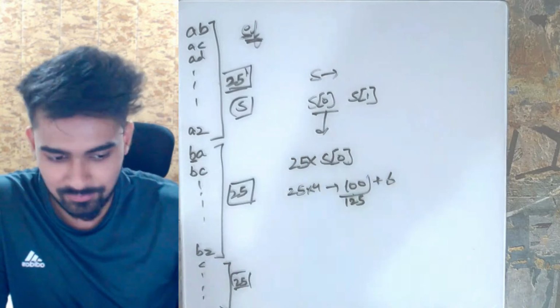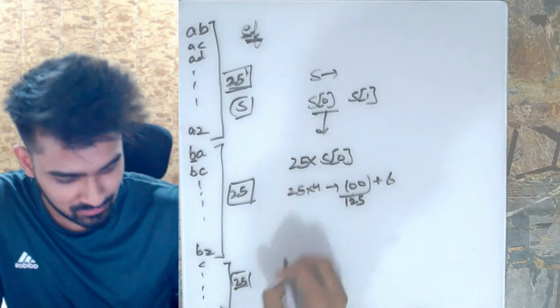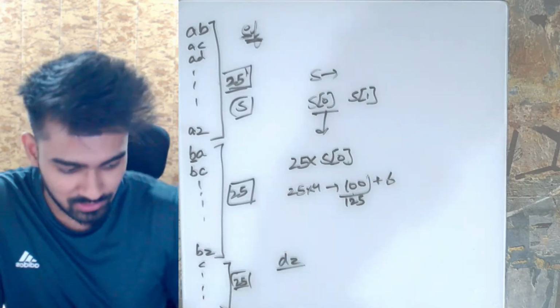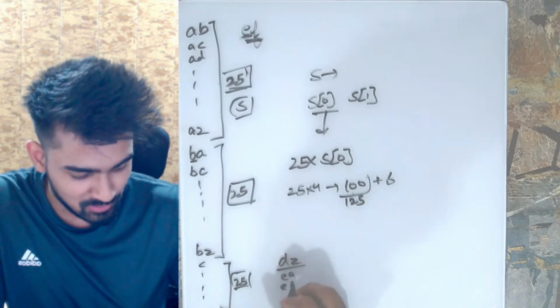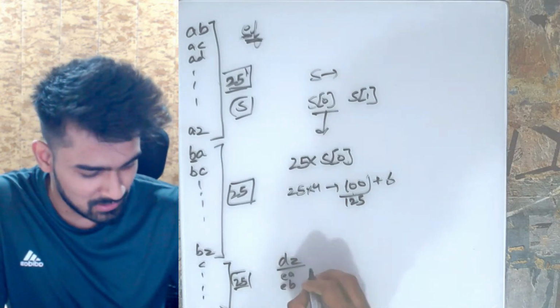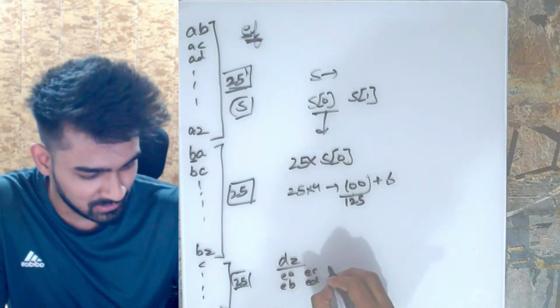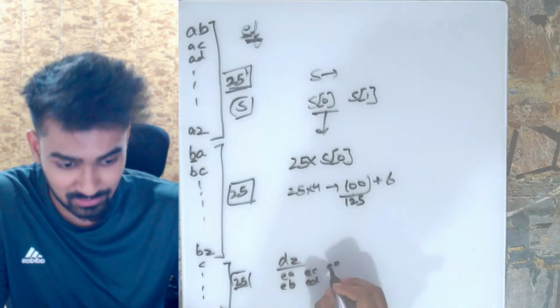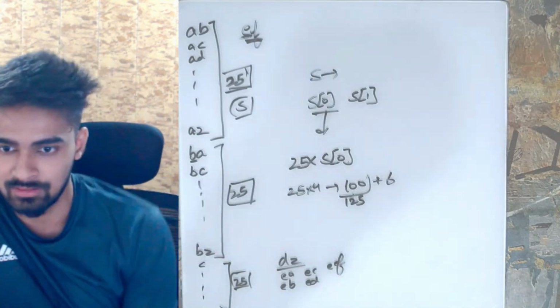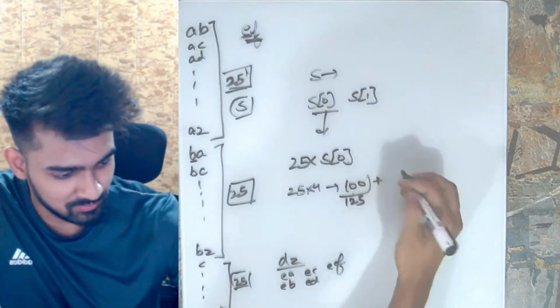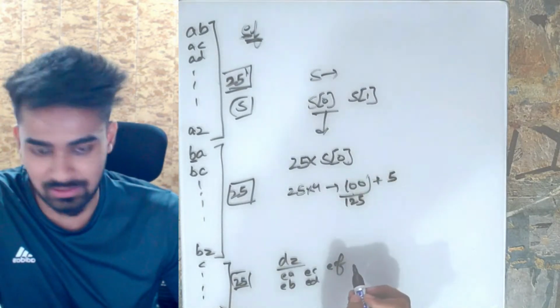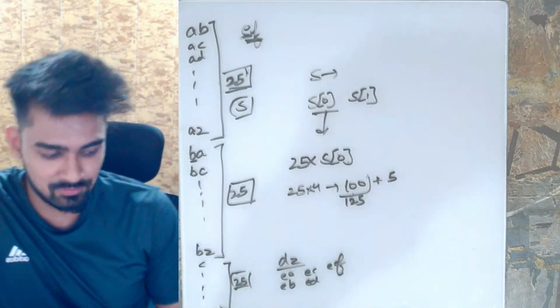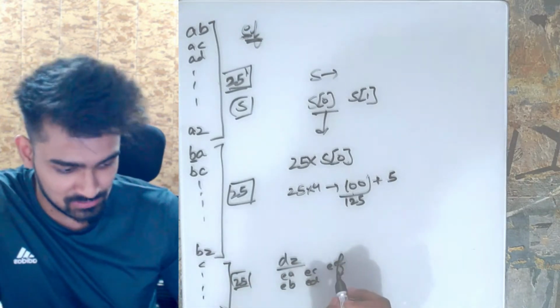Because till 100, we have all the words up to DZ. Then we got EA, then EB, then EC, then ED. We didn't have EE, so we had EF. Now if you see, sorry, this was 5, because we are having zero-based indexing. Now if you see, EF is actually at the 5th place.